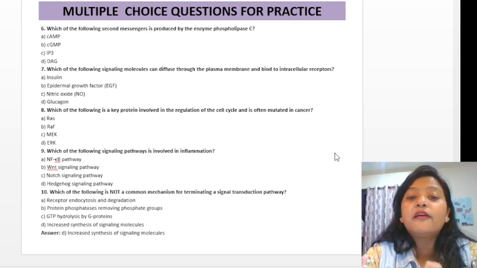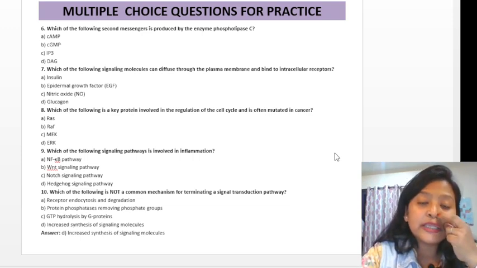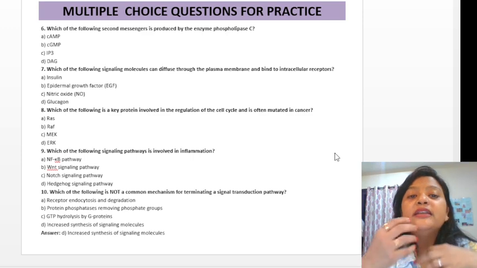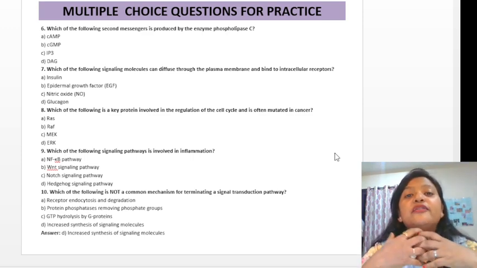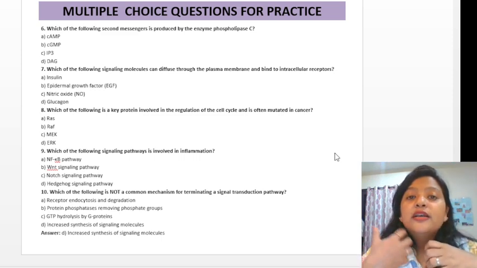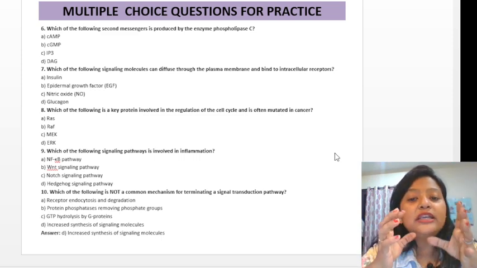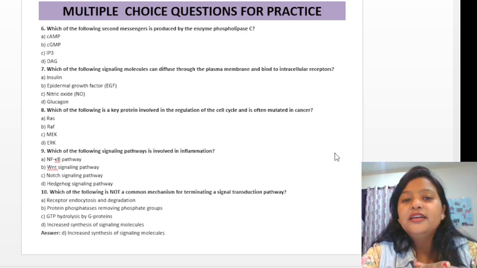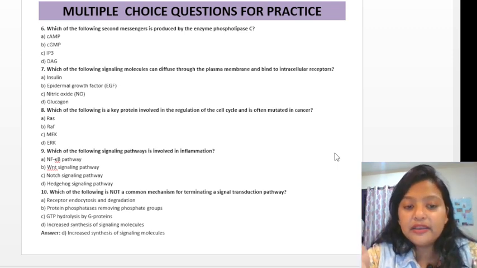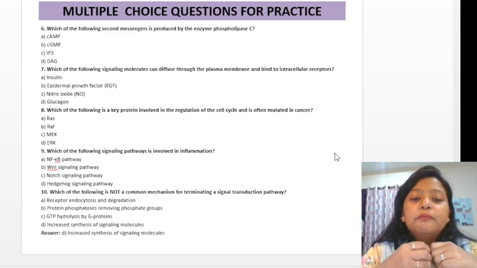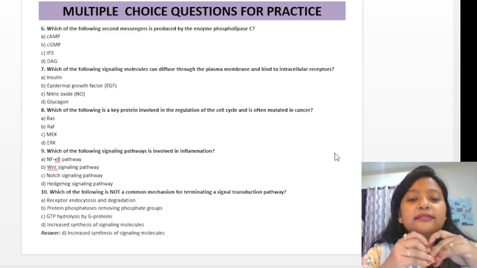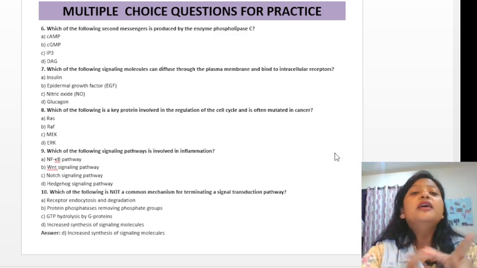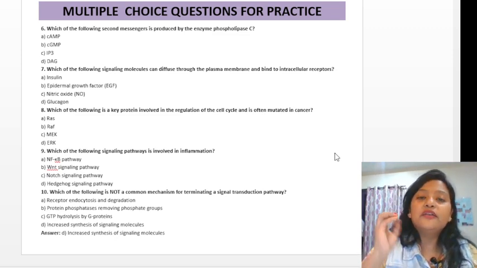Increased synthesis of signaling molecules. कभी कभी क्या होता है ना कि टर्मिनेट करने के लिए सिग्नलिंग मॉलिक्यूल्स बहुत ज्यादा increased amount में सिंथेसिस होते रहते हैं. तो ये जो प्रोसेस है ना ये कॉमन नहीं है, क्योंकि बाकी जो आप यहाँ पे देखेंगे A, B and C वो कॉमन है, पर D इतना कॉमन नहीं है. तो इसलिए क्योंकि मैंने आपको बताया नहीं इसके बारे में, since I have not told you about this, so I have given you the answer.